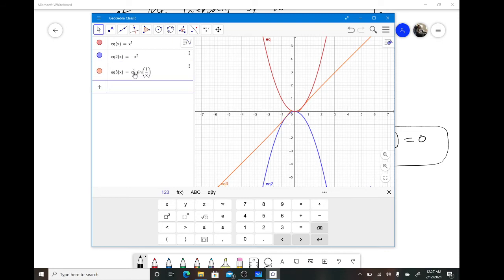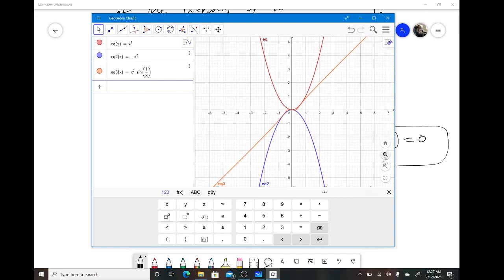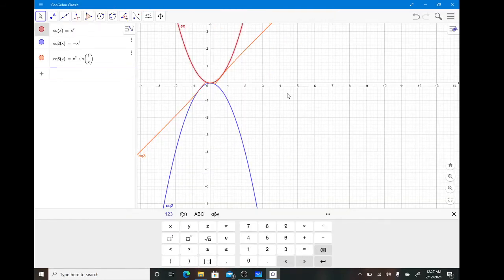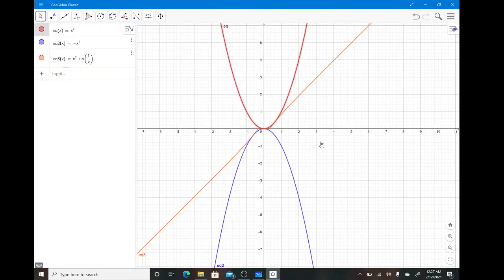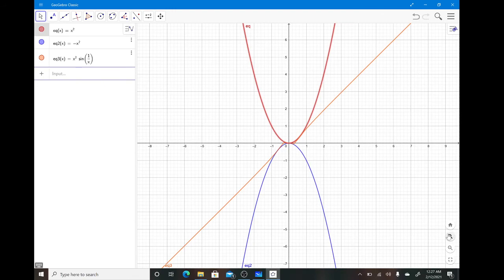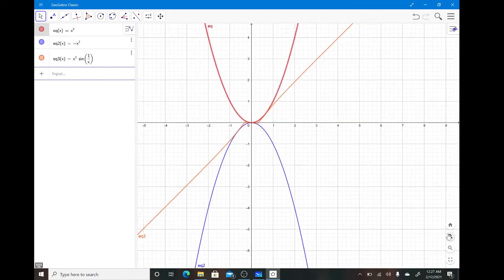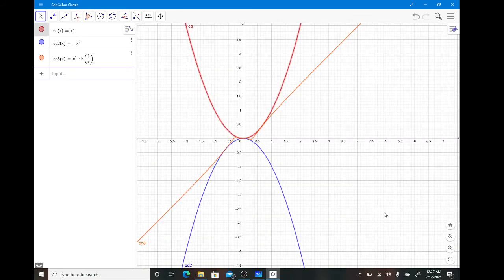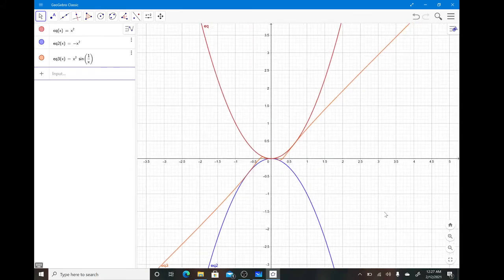Okay, so we can see that this function in orange is trapped between x squared and negative x squared. If I zoom in a little bit closer, you will certainly be able to see it, and you will also be able to see what the limit actually is.